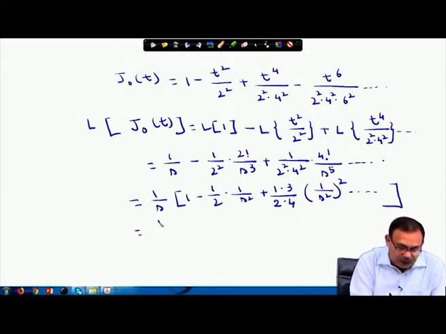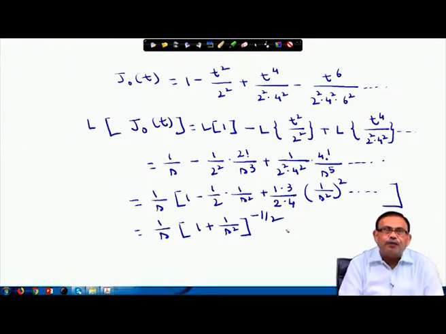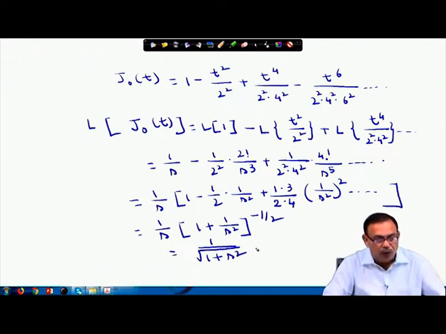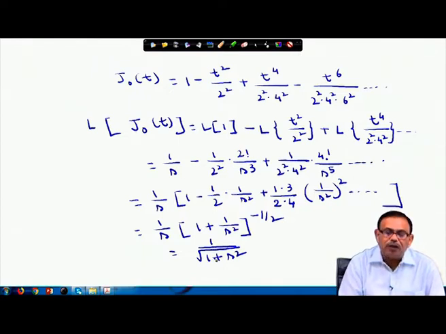This series is nothing but 1 by s into 1 plus 1 by s squared whole to the power minus half, that is, 1 plus x to the power minus half. This is a series known to us, and it becomes 1 by s into 1 plus 1 by s squared to the power minus half. If I simplify it, I will obtain 1 by root over 1 plus s squared. Therefore, the Laplace transform of J0(t) is nothing but 1 by root over s squared plus 1, and we can evaluate it this way.